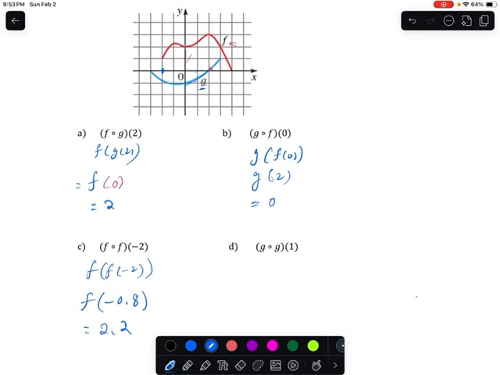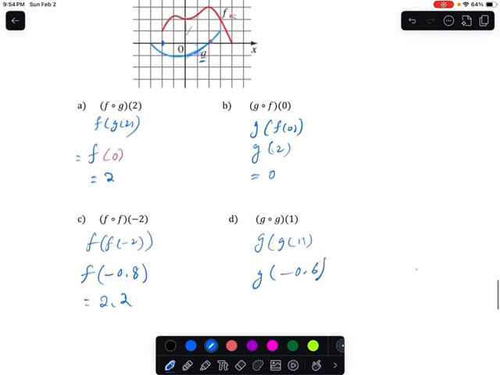Now if you want to do g composed with g of 1, this will be g of g of 1. So g of 1 is about -0.6 or -0.7.